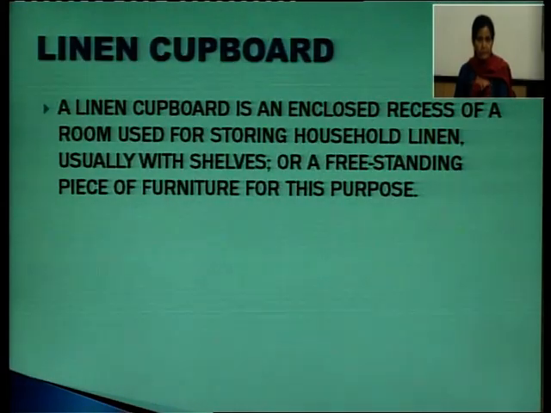The way these slots are made, one simple member is joined to the wall, and different slots are kept at a particular distance so that hot dry air moves in between to remove the dampness from this particular zone. Now comes the linen cupboard.